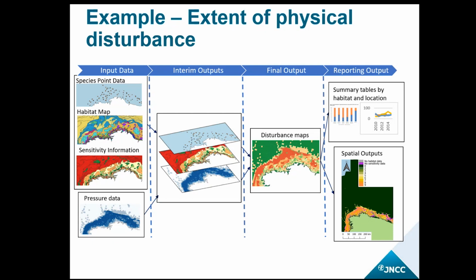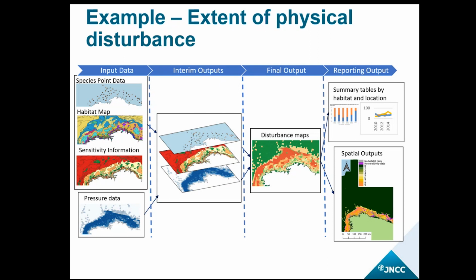We then have sensitivity information, which was again covered in detail a couple of weeks ago. But that information is then combined with pressure data, so you have the intensity of the pressure, and these are all combined to create an overall disturbance map. So it's mapped over a large area.